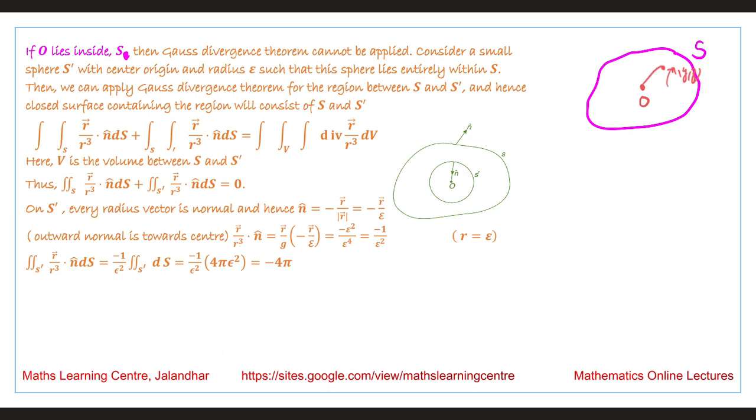This is the position vector, r vector. Now if this point O lies inside this surface S, then we cannot apply the Gauss divergence theorem in this case.